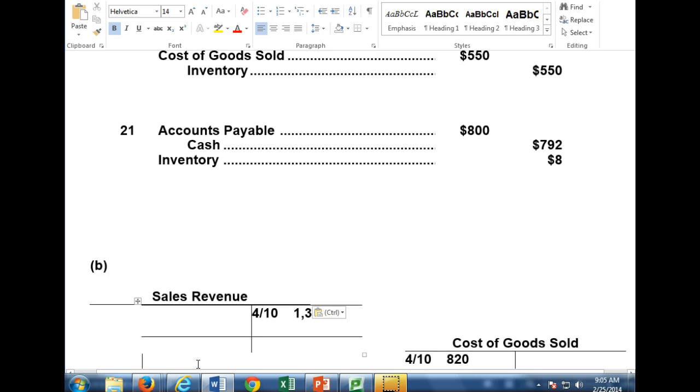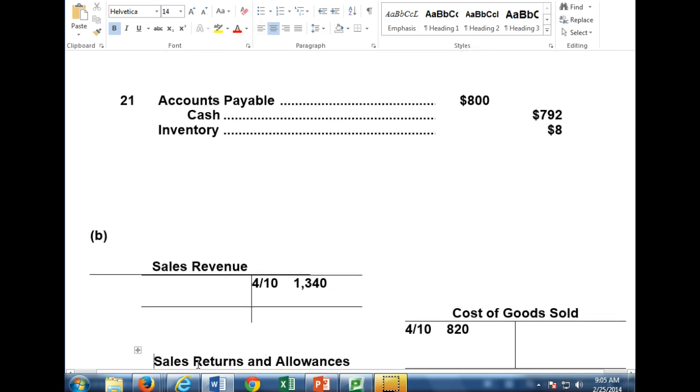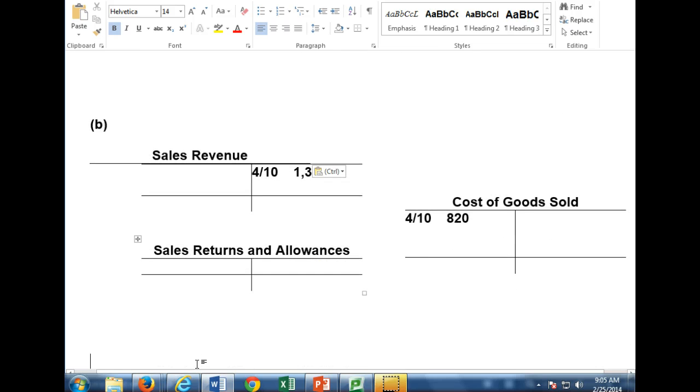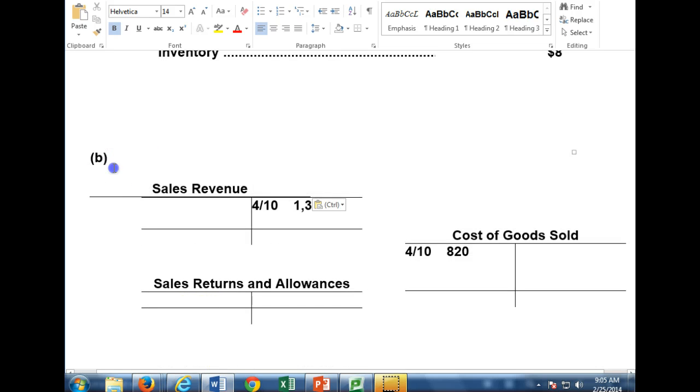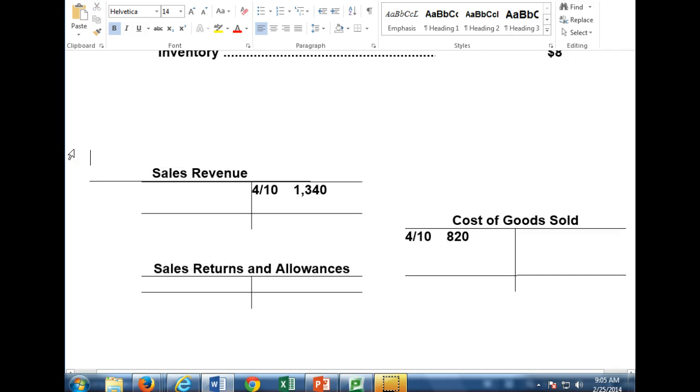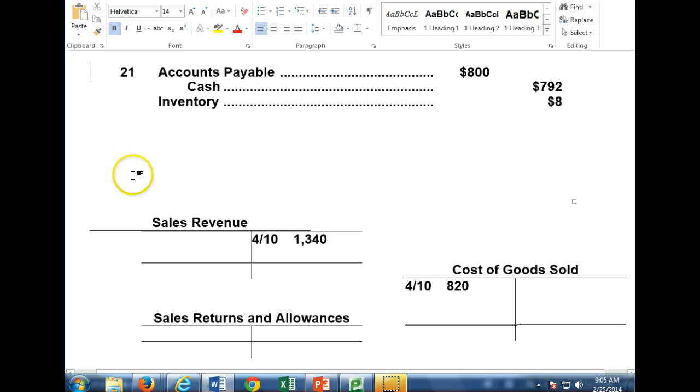Okay, next one, guys. What's the next transaction? Credit from Palmer Sportswear for merchandise for $30. So what are we going to debit? What are we going to credit? Which transactions are we taking this to? What are we posting?